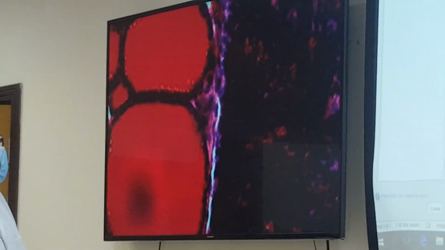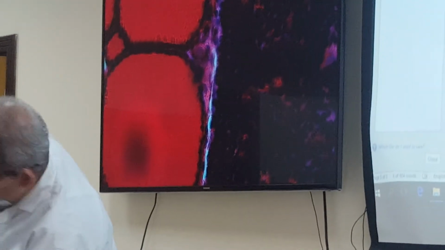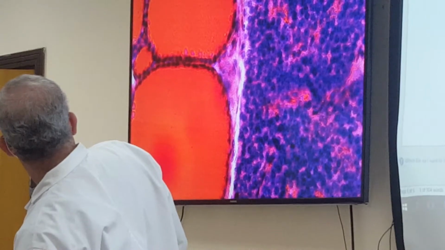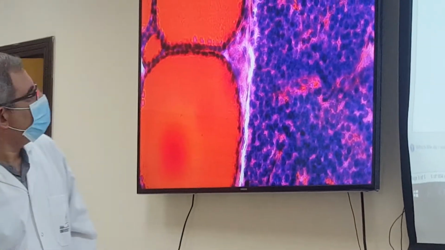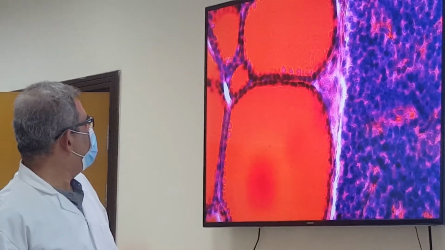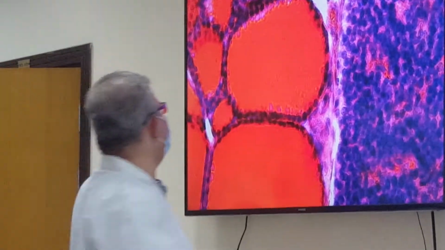So 40x. Look here. Now, can you tell the difference between these cuboidal cells?